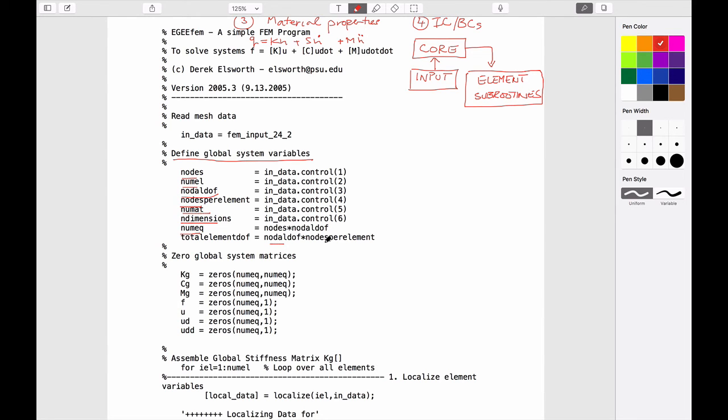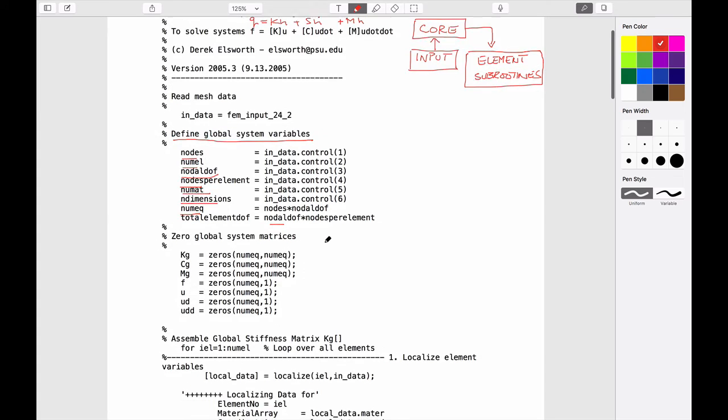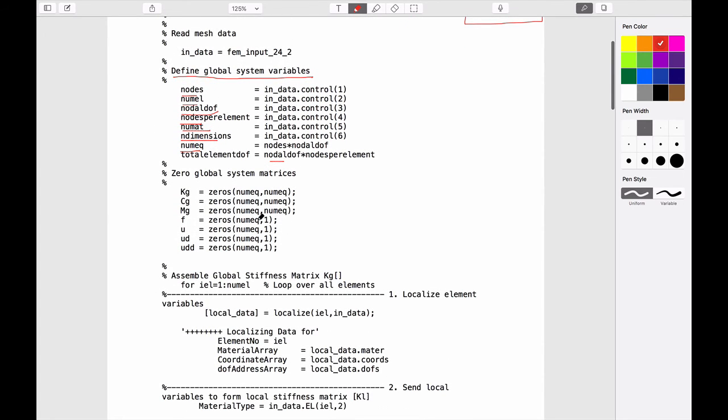So we do some things. We make all of our matrix 0. This is our conductance matrix. This is our flux vector. What we're dealing with here is Q equals KH. For solid mechanics, that is F equals KU.